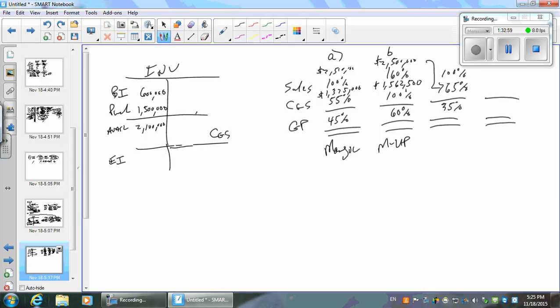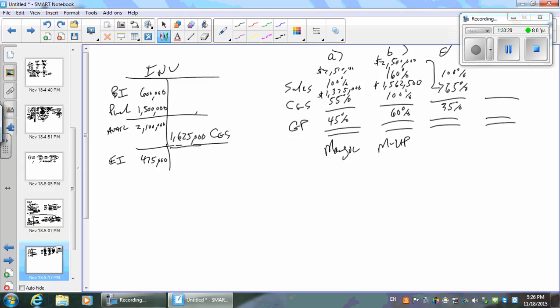A little problem like this, and you should be thrilled if I give you this on a quiz, huh? What's 65% of 2,000,000? 1,625,000. What's the ending inventory? 375,000. It's just 2,000,000 less 1,625,000, right, guys? Yeah. Okay, that's C.